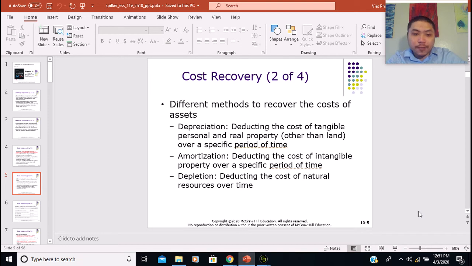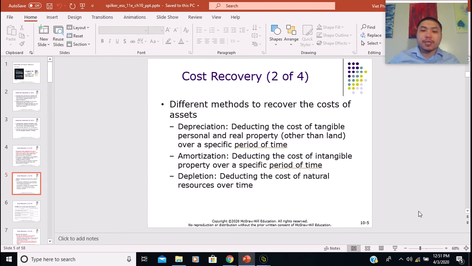Depreciation is to recover the cost of tangible assets or real property. Amortization is the method to recover the cost of intangible assets such as patents or goodwill.